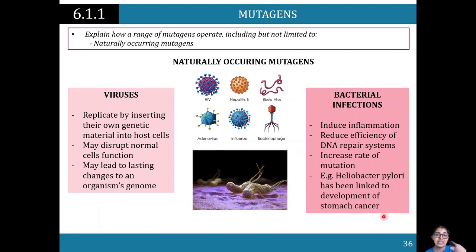Remember, cancer is the unhindered replication of cells. If our DNA repair system is unable to repair a mutation, the cells keep replicating, and that leads to cancer. In this case, there has been a correlation between Helicobacter pylori and the development of stomach cancer.